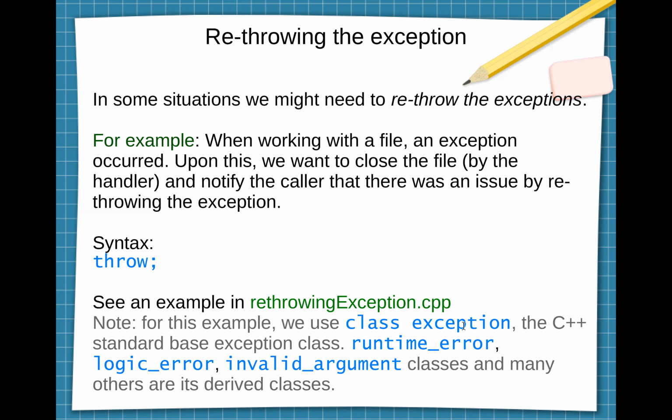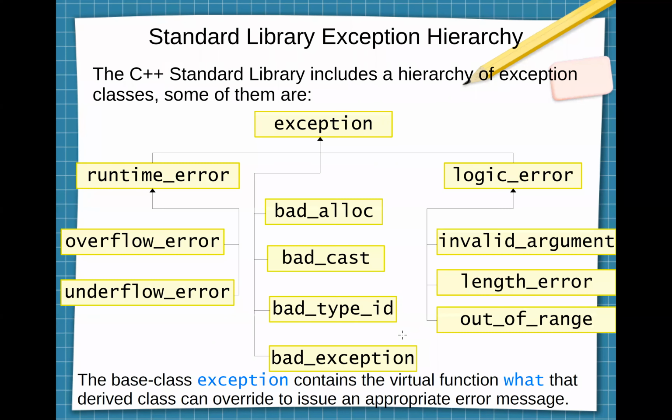For example, runtime error inherits from exception. And logic error inherits from exception, and invalid argument inherits from logic error. I hope my memory doesn't fail me. Oh yes, we have a hierarchy here.